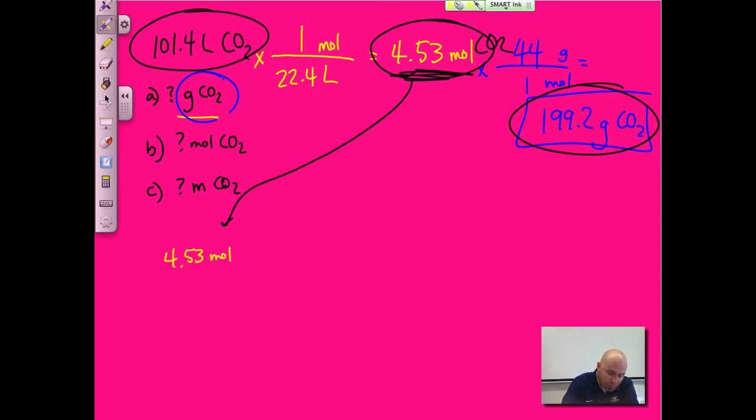4.53 moles of CO2, X line, moles, labels, I'm just doing labels, molecules, 1. It's always 1 for moles, and then 6.02 times 10 to the 23rd. So again, if I get my calculator out here and type away, I get 2.73 times 10 to the 24th molecules of CO2.